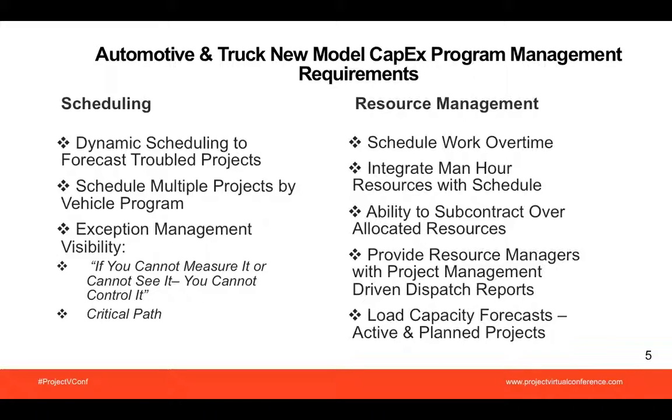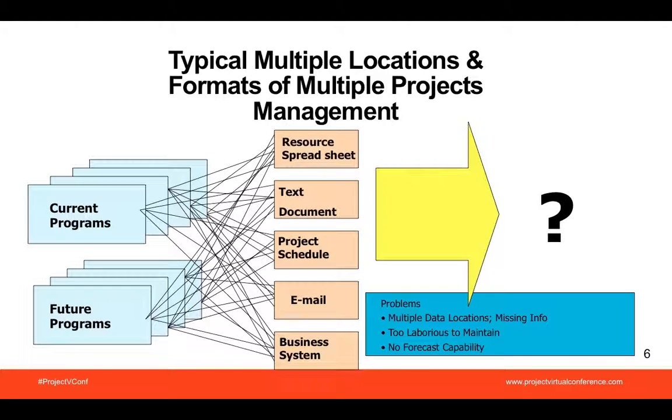So the next question is, why does this industry have so many challenges that remain unsolved? If you look at this next slide, you'll see what I call a spaghetti chart. This shows all the current programs and all the future programs. Current programs normally are in the 6-month to 12-month range that are funded, and future programs are all the new models that are funded from the board of directors and clay models on through the process.